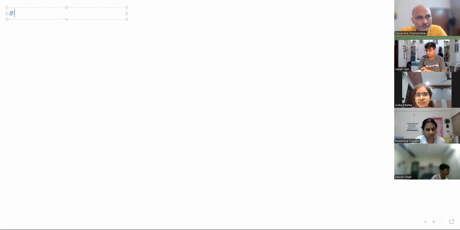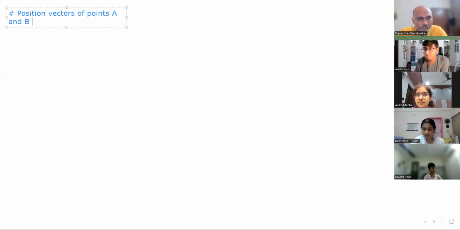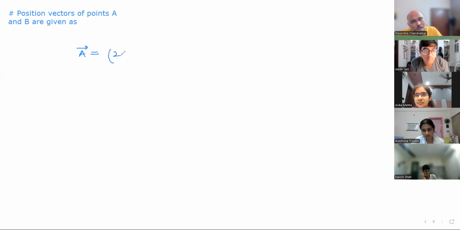So this is the question. Position vectors of points A and B are given as: A vector is given as 2i cap plus 3j cap plus 4k cap.